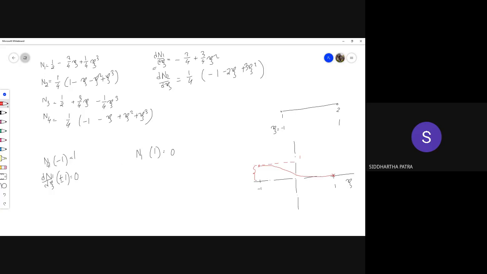That means with N1, if you have 4 degrees of freedom, let's say w1, theta1, w2, theta2, it is such that if you keep this quantity 0, this quantity 0, and this quantity 0, and this quantity equal 1, then the shape of the beam should be the shape function.